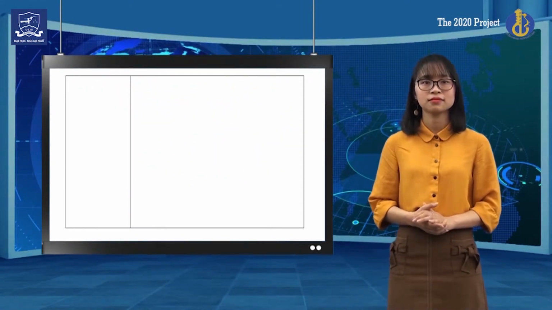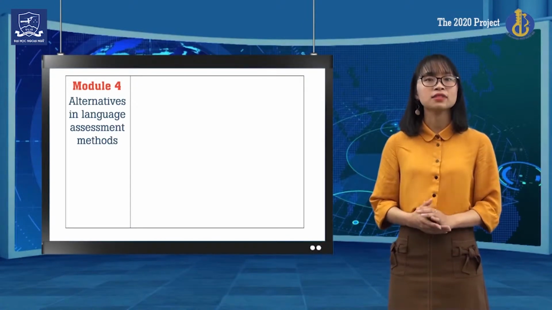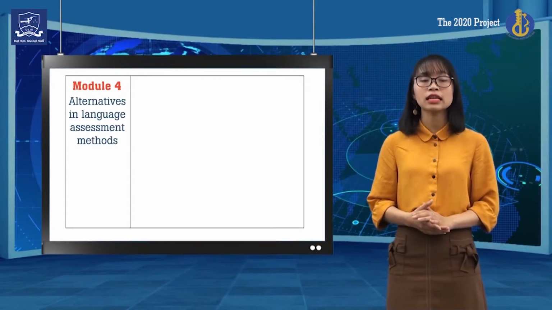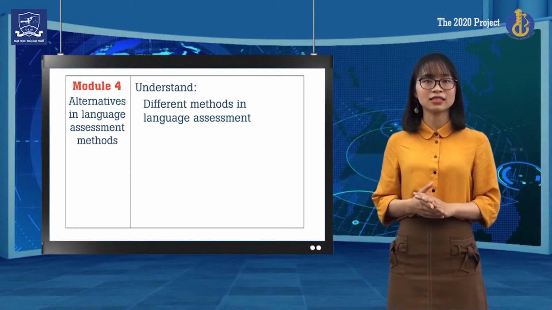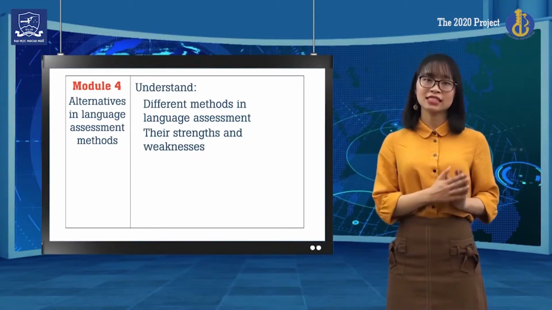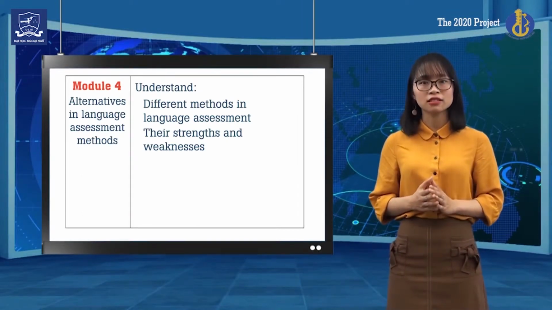Module 4 is titled alternatives in language assessment methods. As the name suggests, what you have learned in these sections will enable you to appraise and criticize different methods in language assessment and justify your appraisal and criticism by relevant theoretical and empirical evidence.